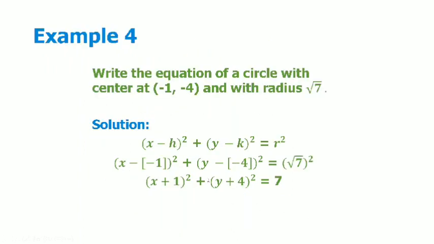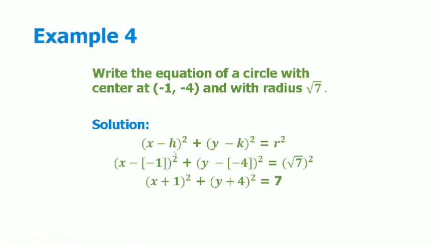Fourth example. Write the equation of a circle with center at (-1, -4) and with radius square root of 7. Again, the first step, write the standard form of a circle with center (h, k), which is the quantity (x minus h) squared plus the quantity (y minus k) squared equals r squared.